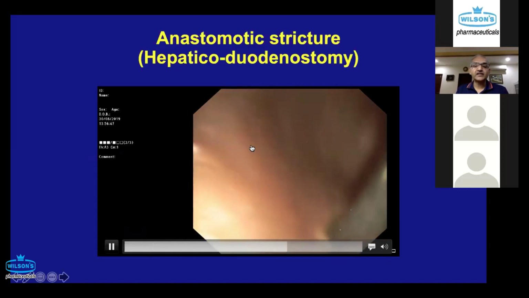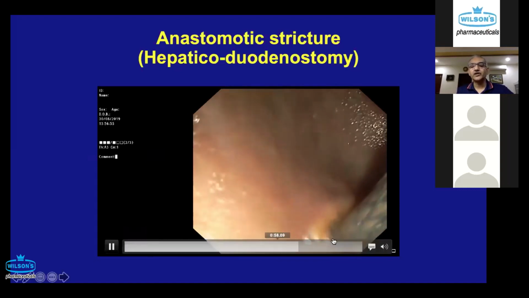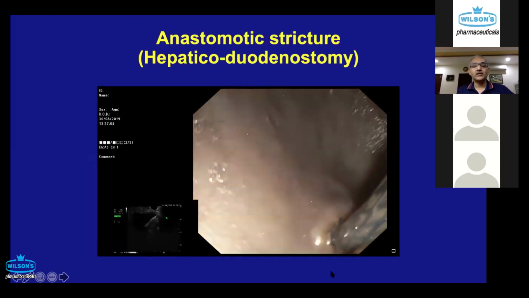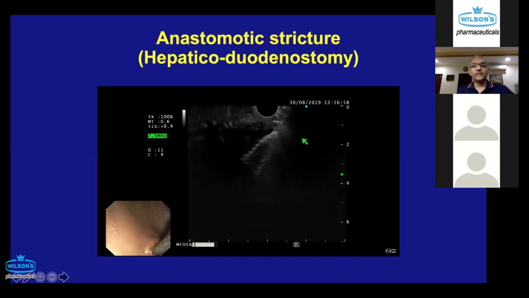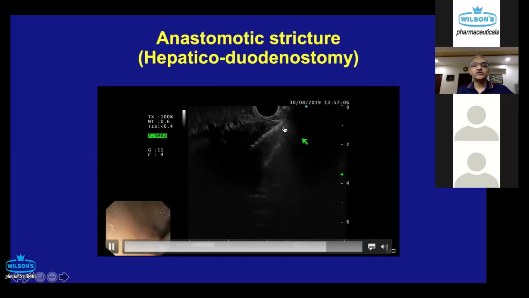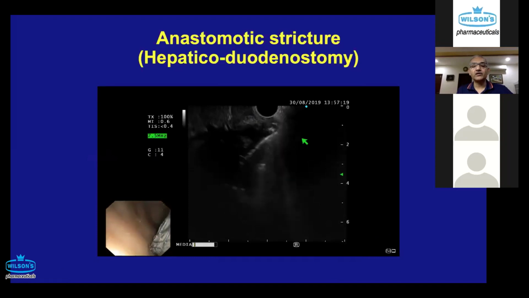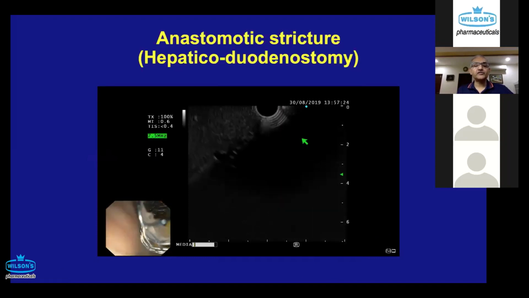We were worried that the stent may block the contralateral side, but it didn't happen. This is the duodenal end of the stent being deployed. We pulled it down as far as possible towards the anastomotic site so that the contralateral side was not getting blocked. And this worked quite well for this patient.